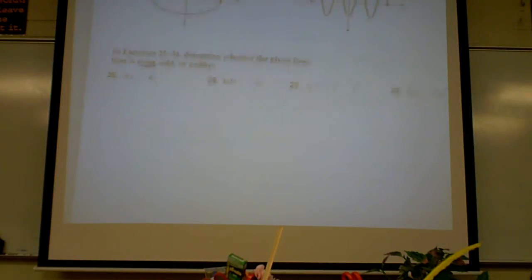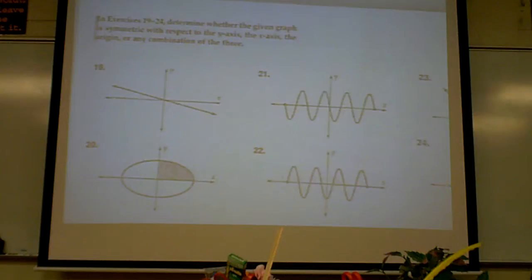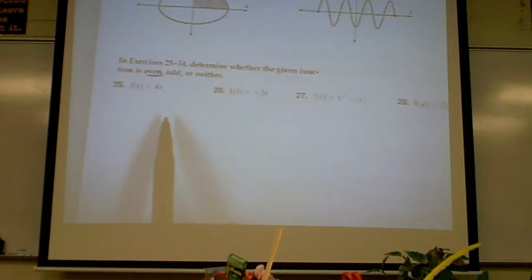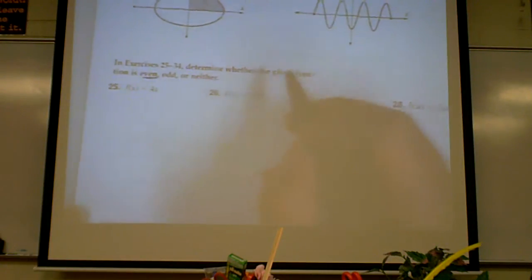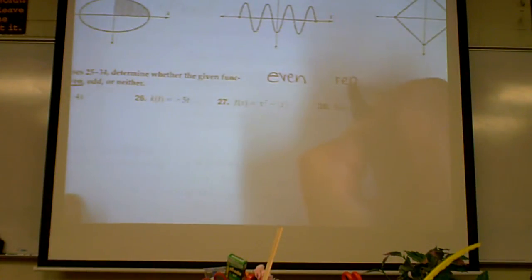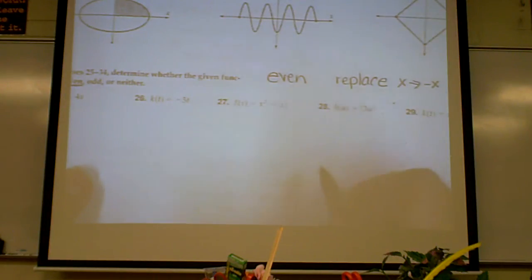For a picture, everyone should be able to look at it and see if it has symmetry with respect to the x-axis, the y-axis, and the origin. How do you do even and odd? For even, you replace x with negative x.